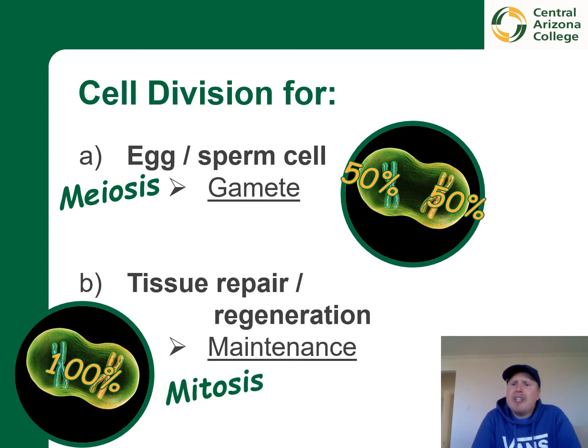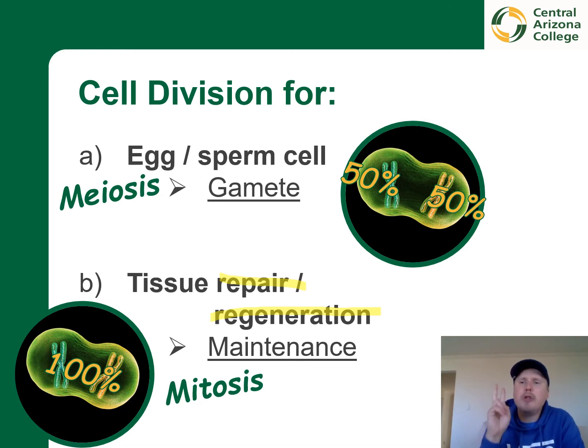And this kind of division is important, for example, for repairing any tissues that have gotten damaged or creating new tissues as they are needed. So this could be either as part of our growth and development or as part of just replacing cells that naturally die and get replaced over the life.